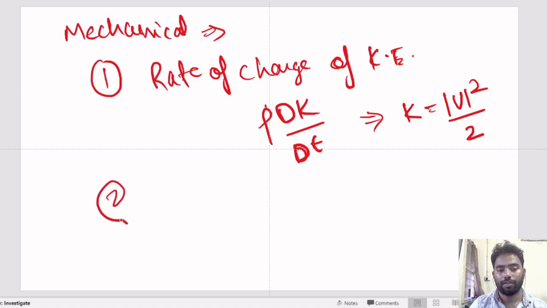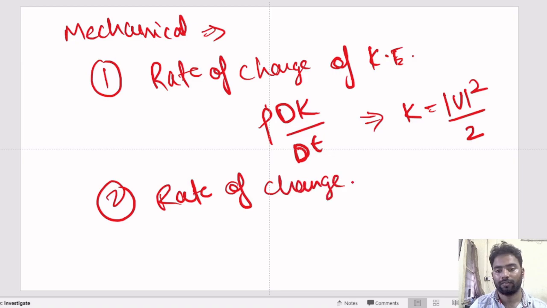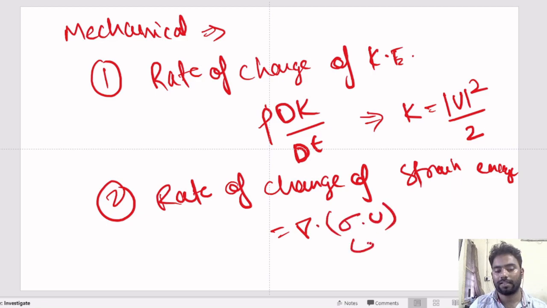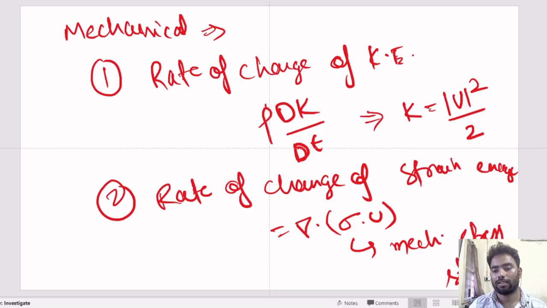Similarly, another kind of energy is the rate of change of strain energy, and that we can write as del dot sigma dot u, where sigma is the mechanical stress tensor.